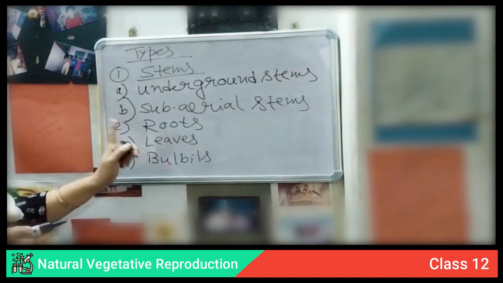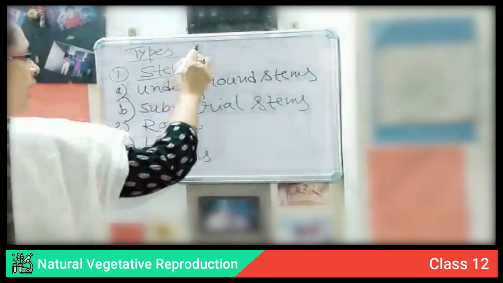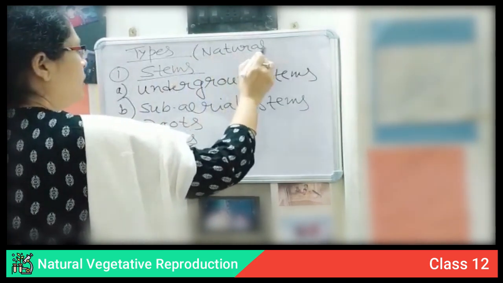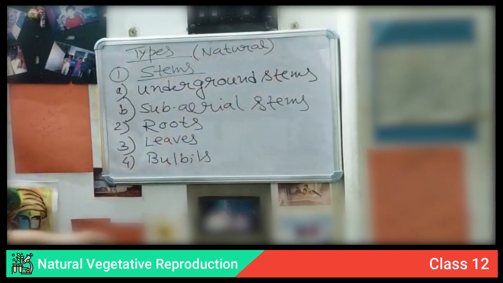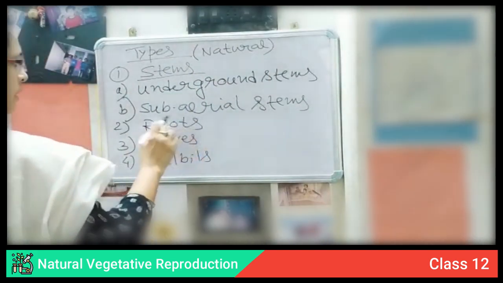Stems, roots, leaves, bulbils. These are the types, and these all are natural vegetative reproduction.